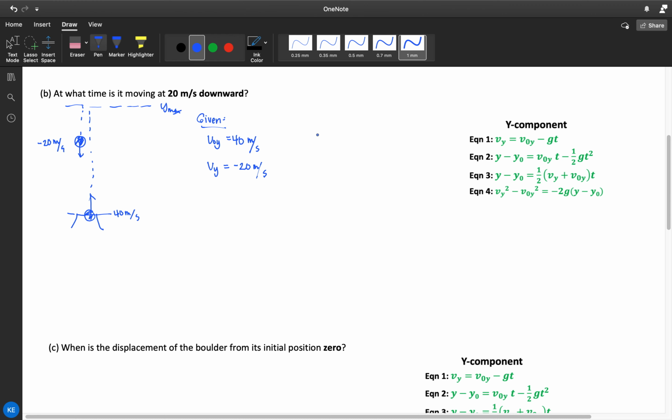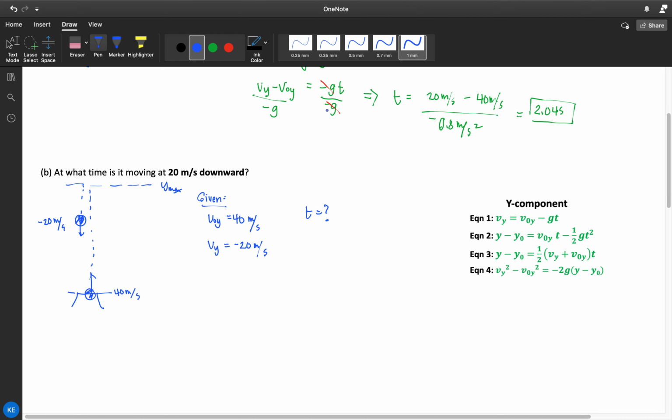So your final velocity is simply equal to negative 20 meters per second. So it's asking for its time t, pila. So same format kaganina ng equation, kini, your time, take note, is equal to Vy minus Voy over minus G. So you'll have final velocity is negative 20 meters per second minus initial, okay, all over negative 9.8 meters per second squared.